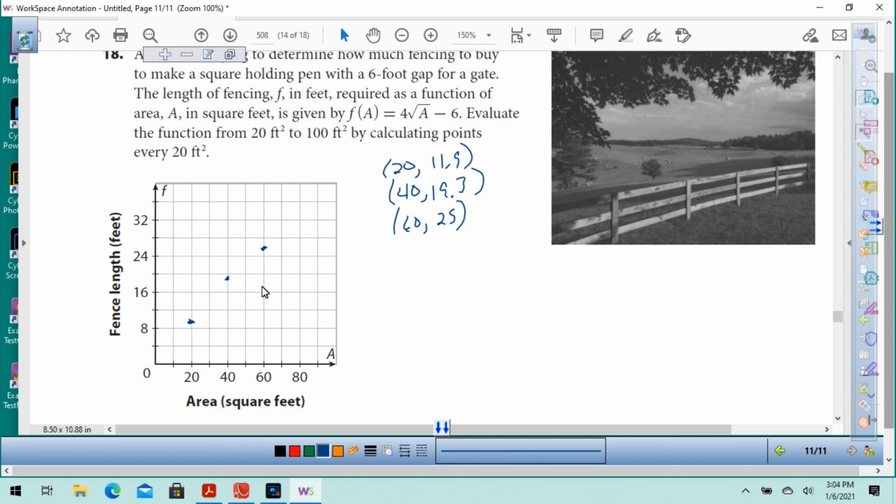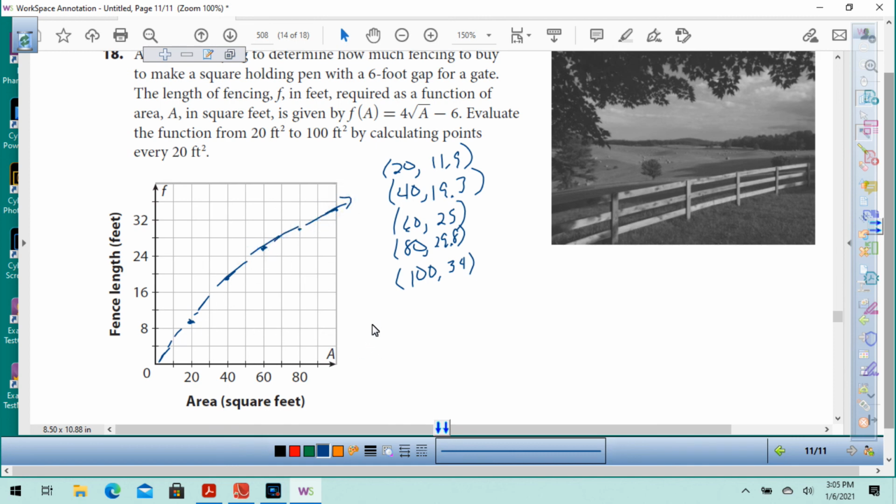And then 80 is 29.8, maybe a little bit bigger. And then the last one is 100, and that's going to give you 34. And it's going to look something like this right here. I'm not going to put it right at 0 because it went down by 6, remember? So it looks like this.